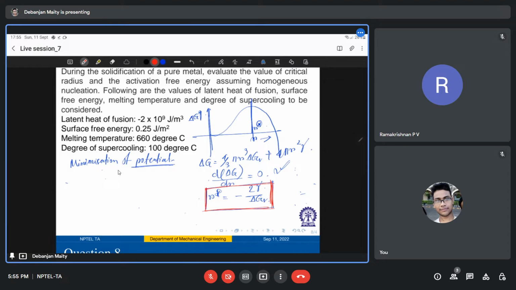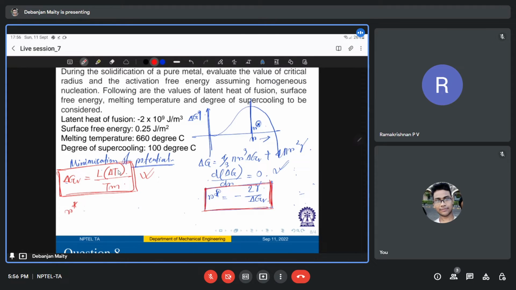Now here, what values are given? So your delta GV can also be equated with your latent heat, degree of supercooling, and melting temperature in this sense. Now can you give me a value?